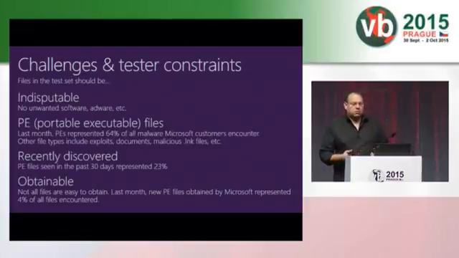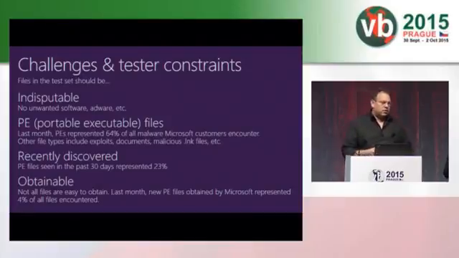To solve this situation, as often happens in statistics, we really need to try to create a model that best represents the real world. So if you have a look at the files itself, the recently discovered files have been only 23% in the past 30 days. And by Microsoft, not even all of the files have been obtainable.